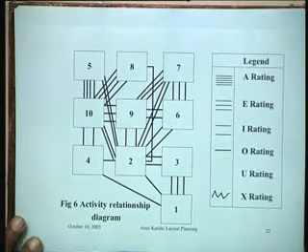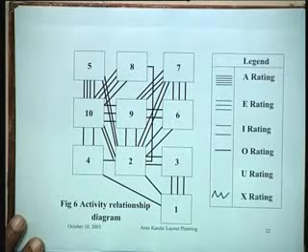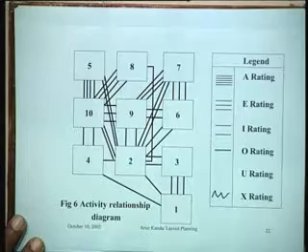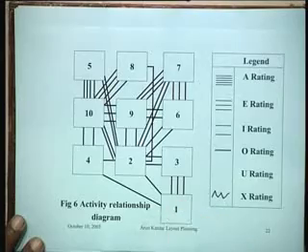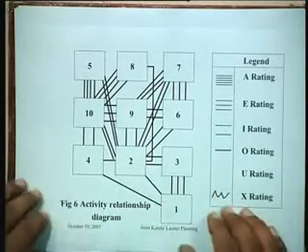So the number of lines between departments actually shows the affinity between these departments. That is, the relative desirability of different departments to be close to each other is stronger if the bond is stronger, and the number of lines show the bond. So you are basically getting an idea of which departments should be kept close to each other through this. This is called an activity relationship diagram.